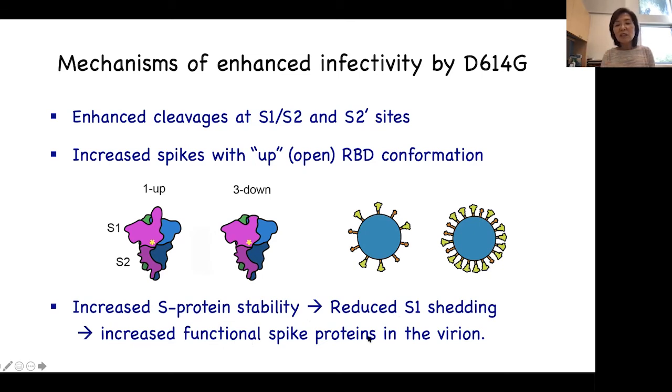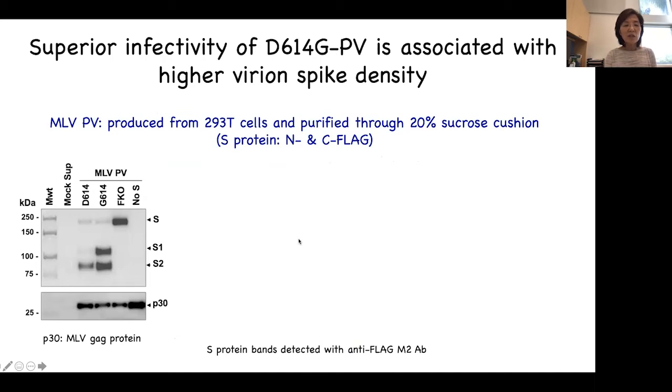If there is only S2 on the virion, that's not functional. If S1 is still there, then that's a functional spike. So it increases functional spike proteins on the virion. I'm going to talk about our work first and come back to the second hypothesis.